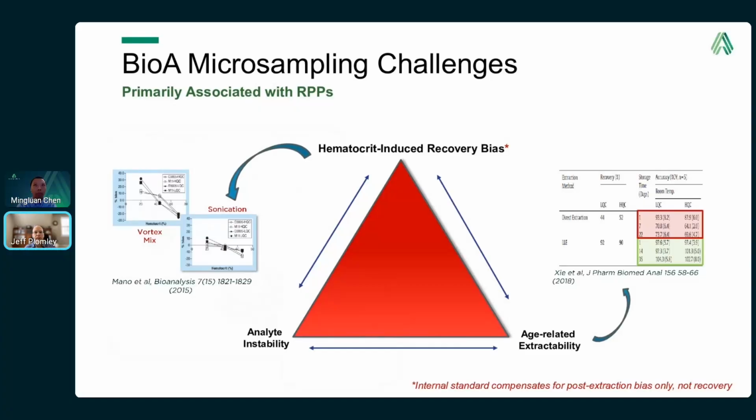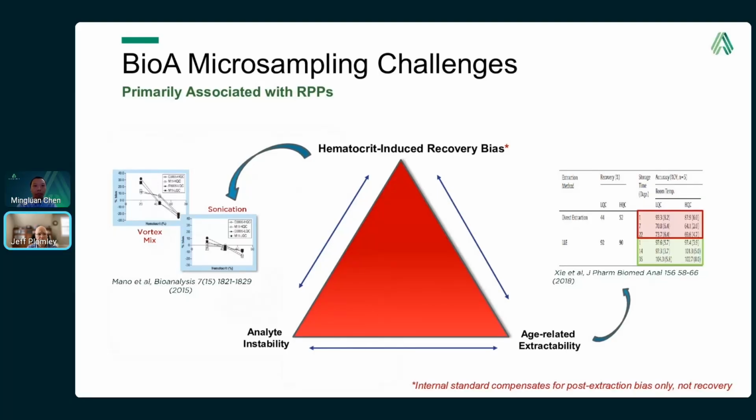Okay, so even though the three most predominant devices that we support in our lab all offer volumetric blood collection regardless of the hematocrit level, there are other interrelated challenges for the downstream bioanalysis. And these include hematocrit-induced recovery bias, where extracted analyte yields decrease with increasing hematocrit. And that was first noted by Mano et al. back in 2015.